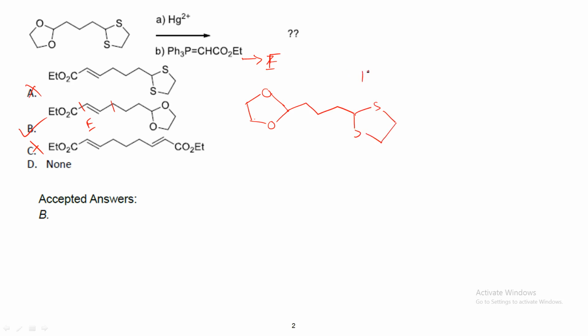Now with Hg2+, at first the sulfur and Hg can easily form a bond, and after formation of this bond, H2O can easily attack here, or you can think of this kind of elimination also. The main thing is to deprotect.